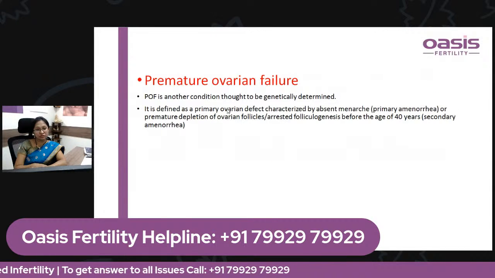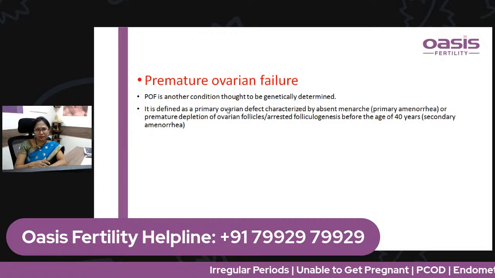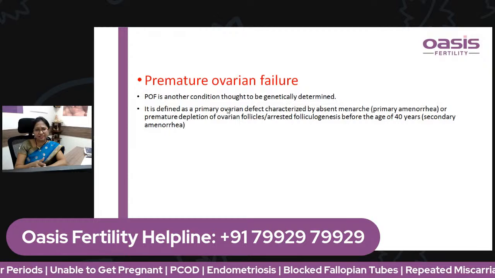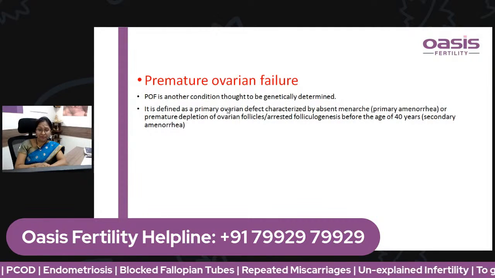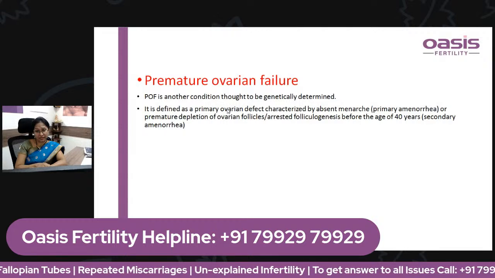Then coming to the final thing, premature ovarian failure. This is below the age of 40 years, and there will be arrested folliculogenesis. It is defined as a primary ovarian defect characterized by absent menarche.